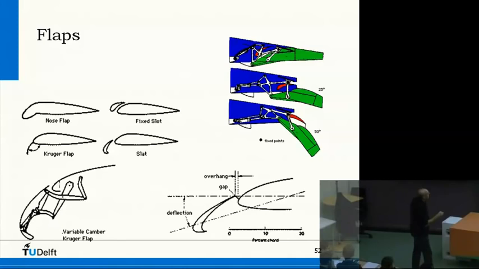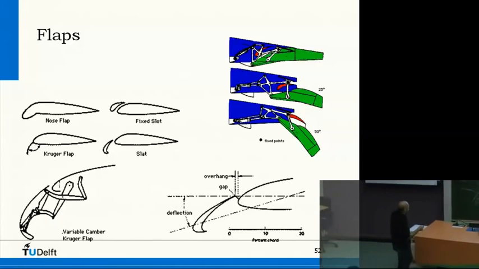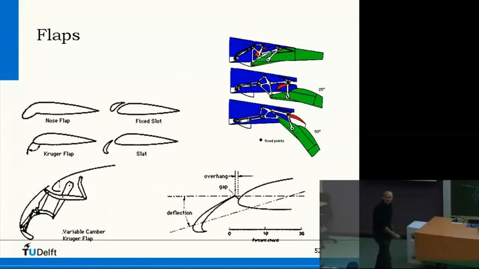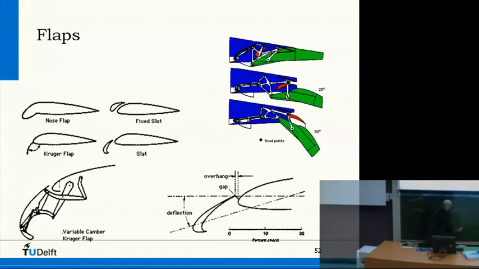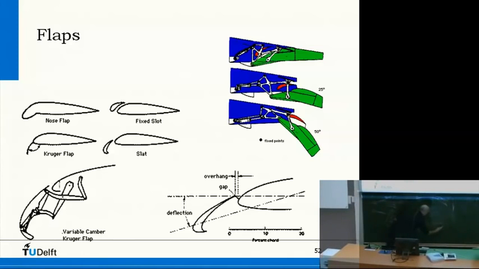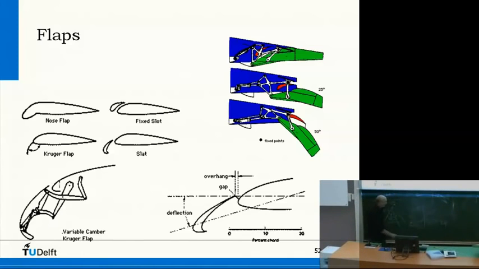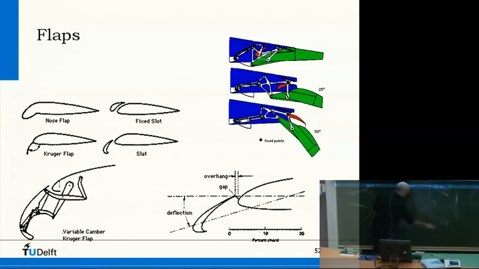Here we have a slat with a fixed slot. Here we have a slat which is movable. This is a Kruger flap that just flaps out of the lower surface of the leading edge. What happens here is that you change the resulting angle of attack. Would you have a CL alpha curve like this for a normal airfoil? Then if you have a trailing edge flap, you would go like this, right?